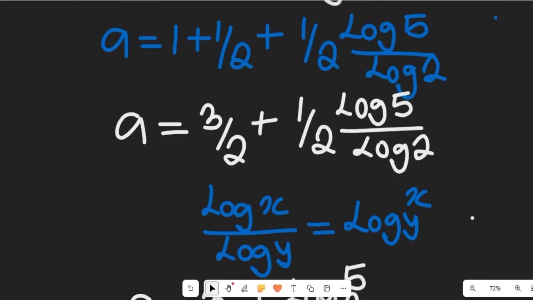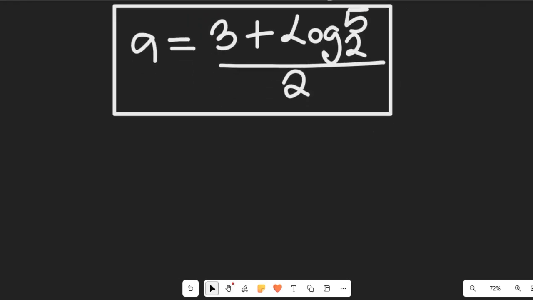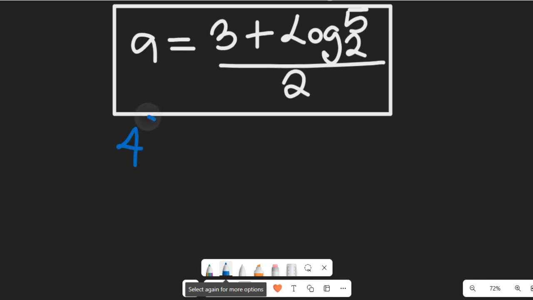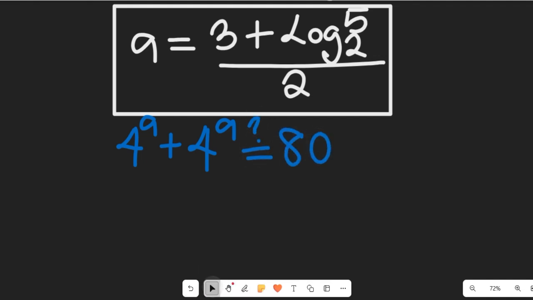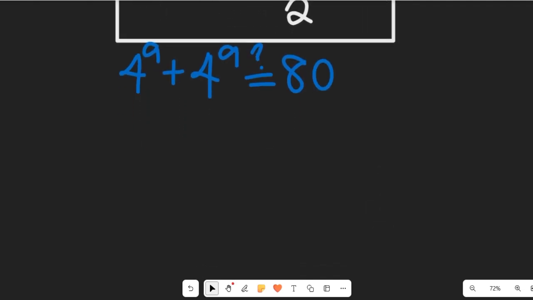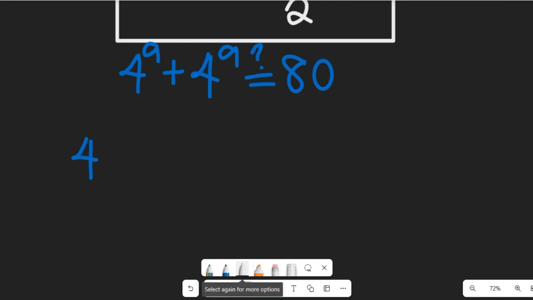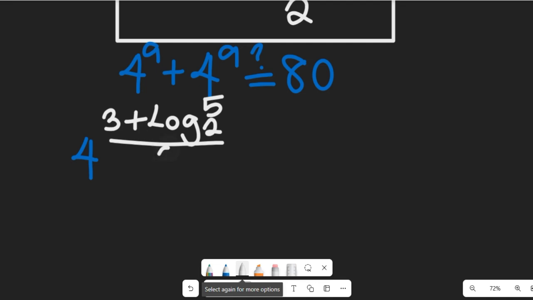Now let's check this out. If 4 to the power of A is given and 4 to the power of A, can it be equal to 80? That's a big question. Now let's insert the value of A into that expression, and then we'll have 4 to the power of A is 3 plus log of 5 base 2 divided by 2, right?